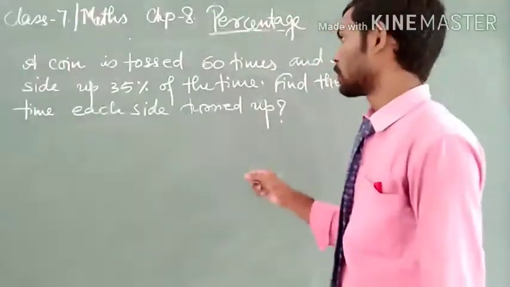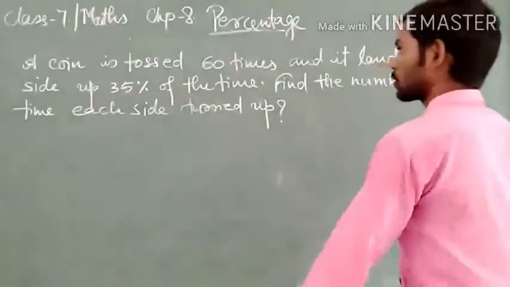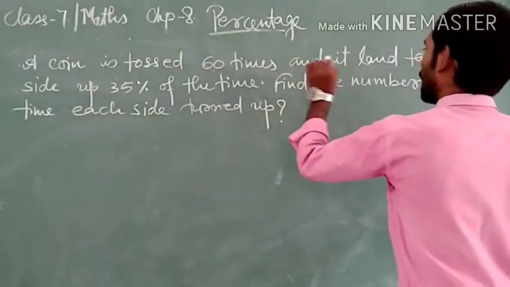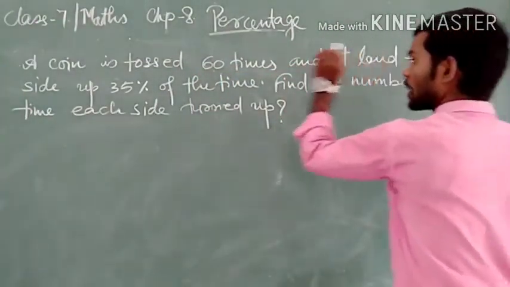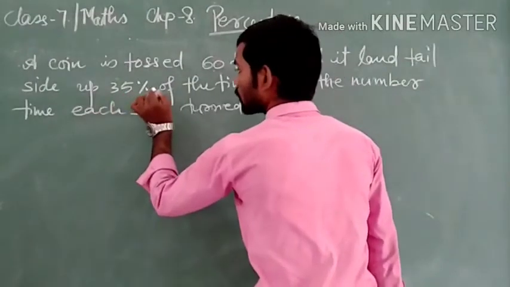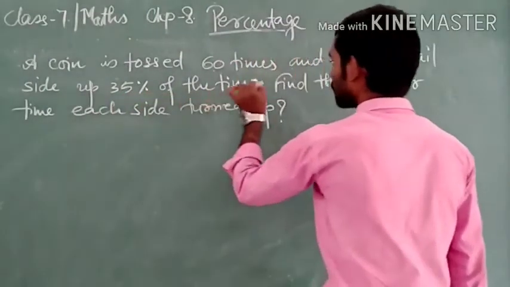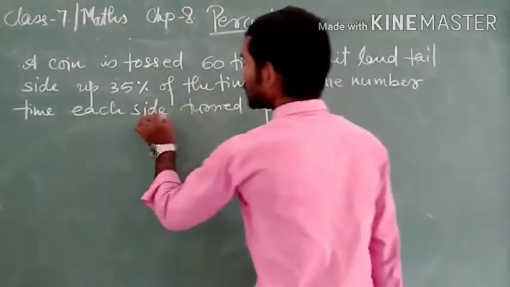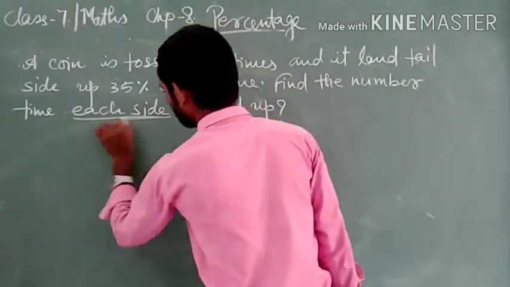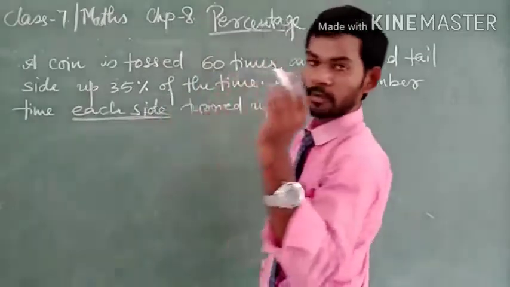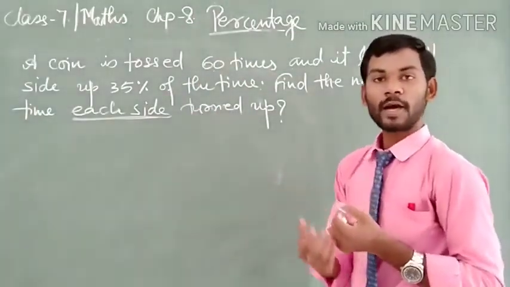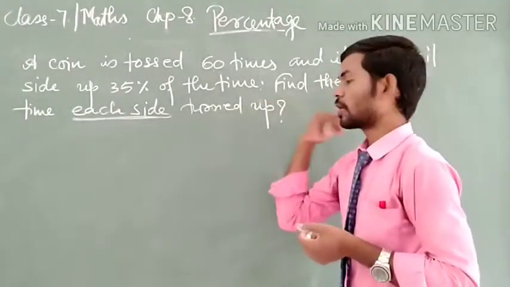So this is the question: a coin is tossed 60 times and it lands tail side 35% of the time. Then find the number of each side. That means we have to find the number of outcomes of head and the number of outcomes of tail.